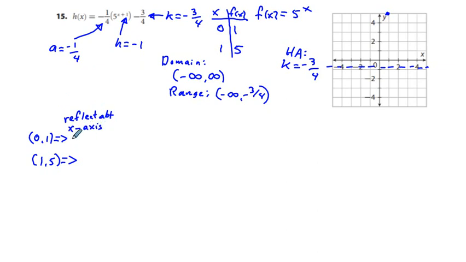And what do we do for that? What's going to happen to reflect about the x-axis? We're going to take that value of 1 and multiply it by -1. So we get 0, -1. And for the second reference point, we take that value of 5 and make that a -5. So that's going to be our first transformation.